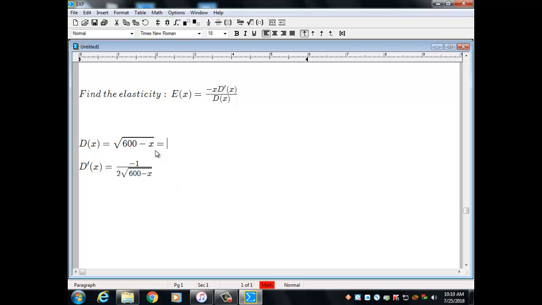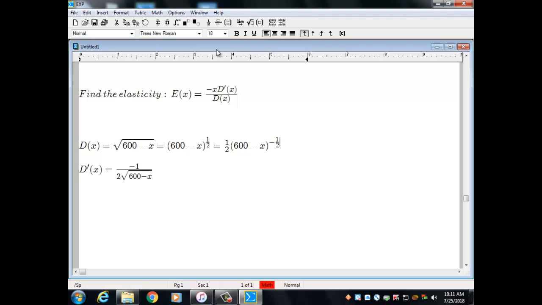Again, if you needed to see that and you don't remember it, you would write 600 minus x to the 1/2. Then the 1/2 would come out front, and you would drop the exponent by 1, so it would be raised to the -1/2.